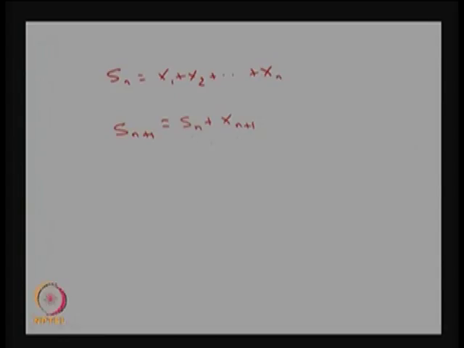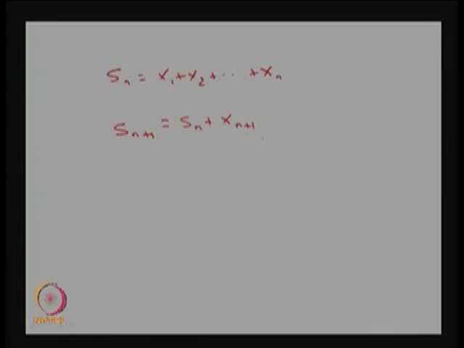You can also observe that since all the Xi's are mutually independent random variables, Sn is independent of Xn plus 1. That means Sn plus 1 is the combination of two independent random variables, where Sn is how many heads appeared till the nth trial, plus whether the next one is a head or a tail, accordingly this value is going to be 0 or 1.